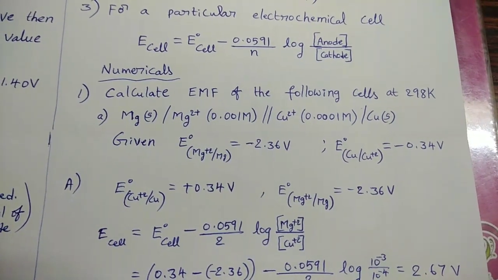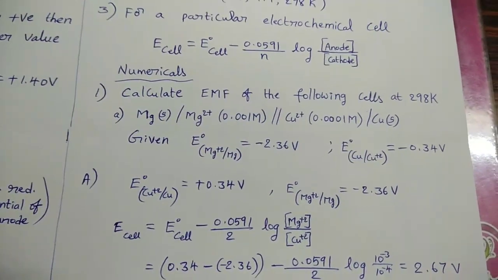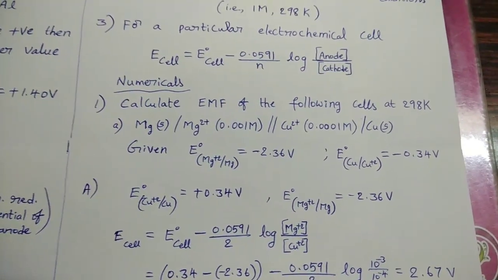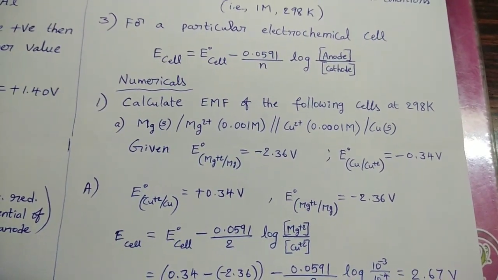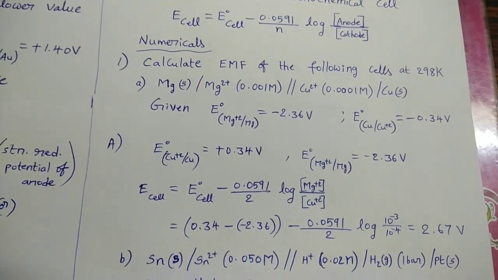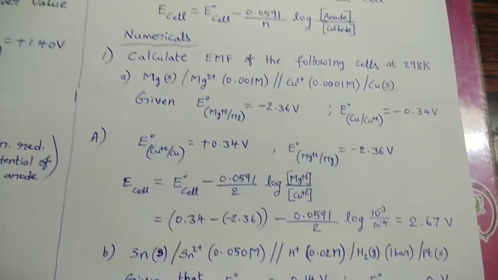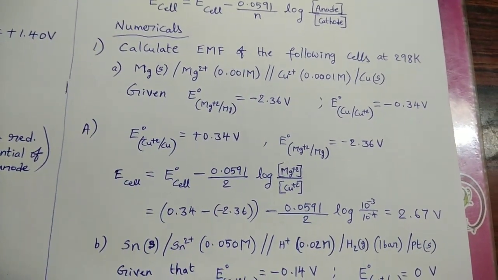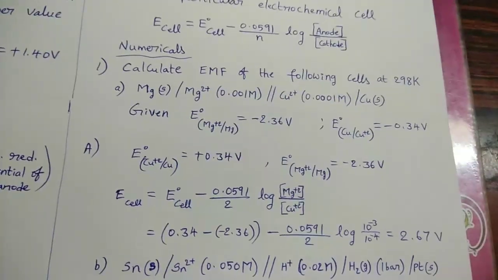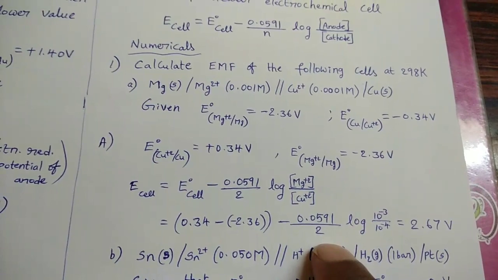Magnesium reduction potential minus 2.36. One is positive, another one is negative. Already we know the rule: higher value is cathode. So cathode is copper, anode is magnesium. So apply the Nernst equation. E naught cell equal to 0.34 minus of minus 2.36, minus 0.0591 by, here 2 electrons are involved.